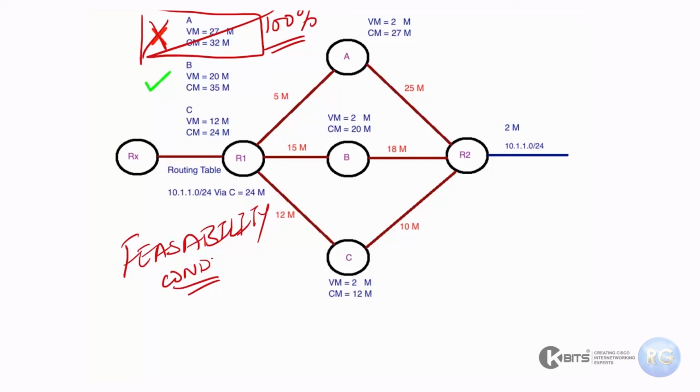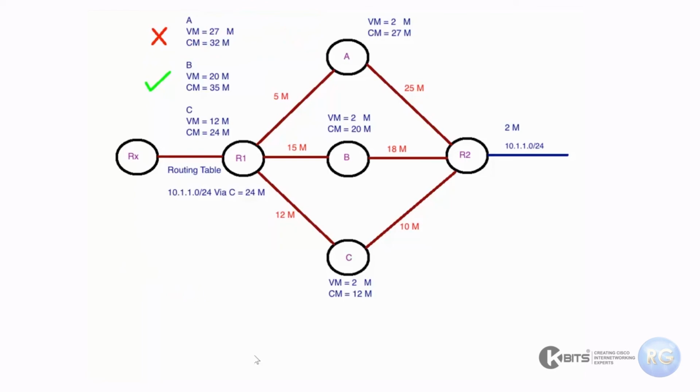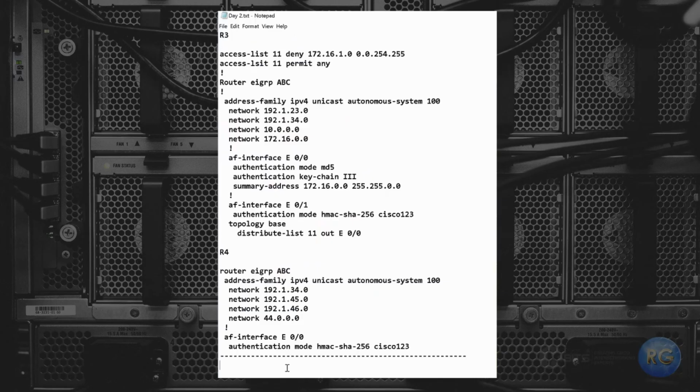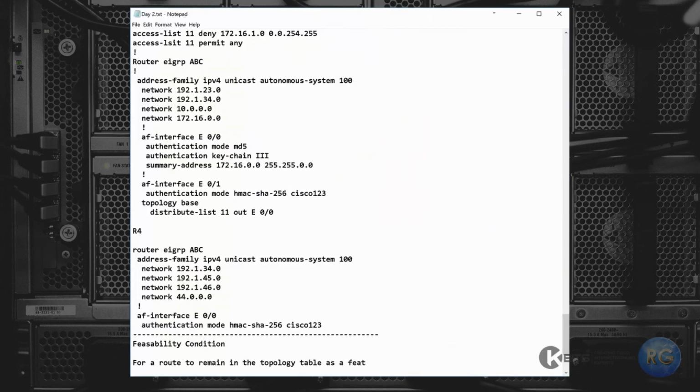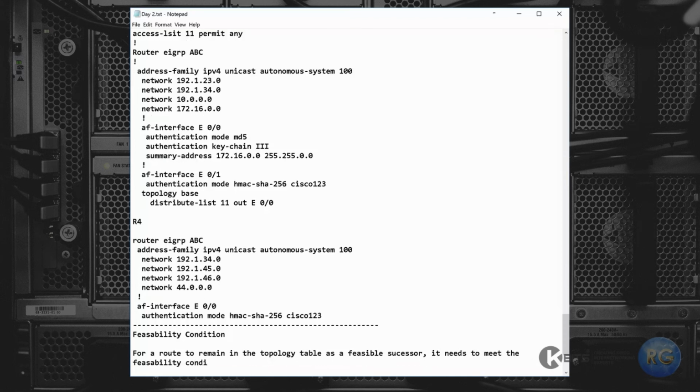Let me write that down for you guys. So for a route to remain in the topology table as a feasible successor, it needs to meet the feasibility condition.